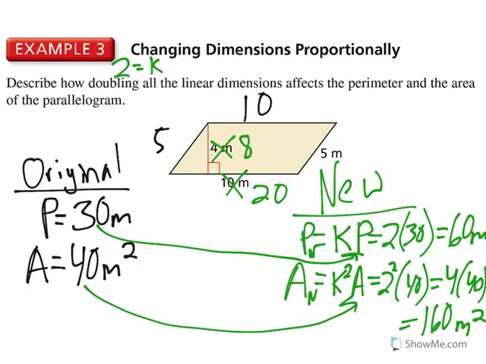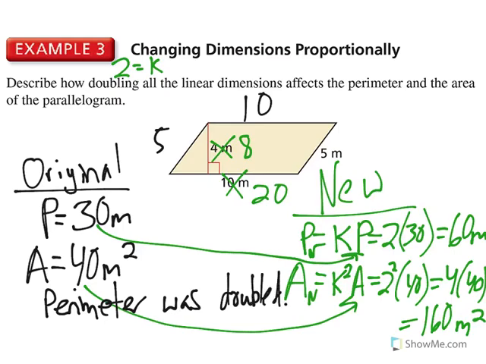And so when we go to describe this one, we already know exactly how it changed because of the formulas that we have. We multiply perimeter by the scale factor. In this case that was 2, so we just doubled the perimeter. I'm going to describe it as saying the perimeter was doubled, or you could say the perimeter increased by 30 meters, or that the perimeter was multiplied by 2.